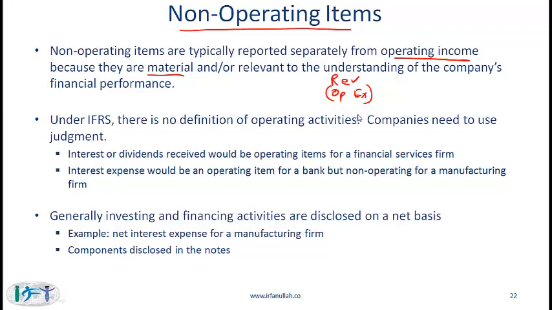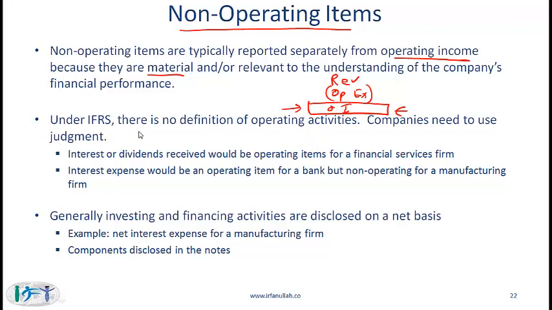As an analyst, we are often concerned with the operating income, and companies have an incentive to show a relatively high operating income. So where possible, companies will try to identify certain items as non-operating and then show those items after the operating income.